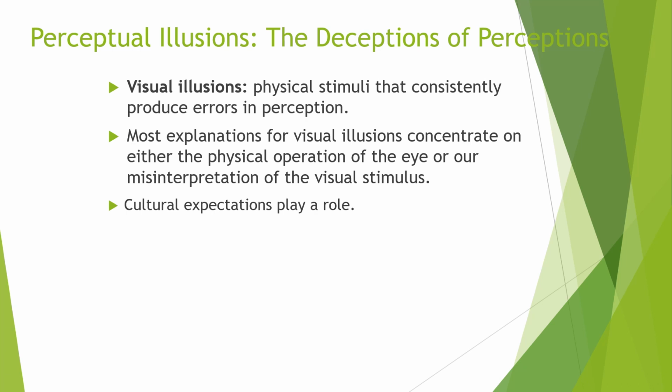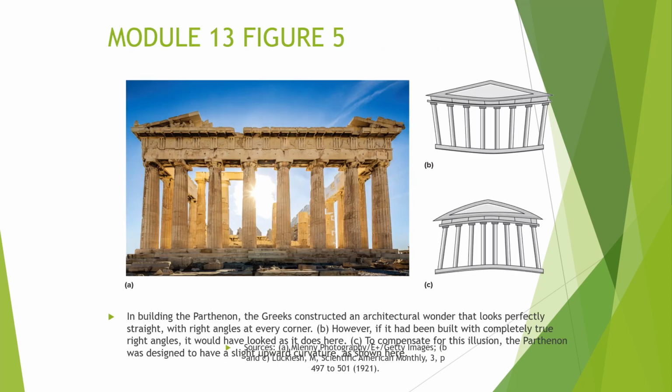Culture also plays a role here. Your cultural expectations about what you expect to see definitely play a role, and we're going to see this in the next couple of slides. This is figure 5, at the top of page 124.